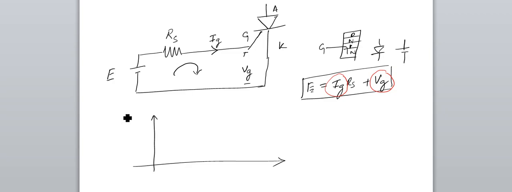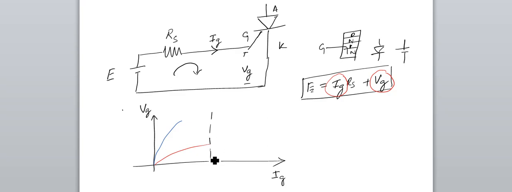So this is the VG axis and this is our IG axis. Now there are two types of graph you will obtain, and these graphs are given by the manufacturer only. This is one red one and this is the blue one. I'll tell you the advantage of these graphs.